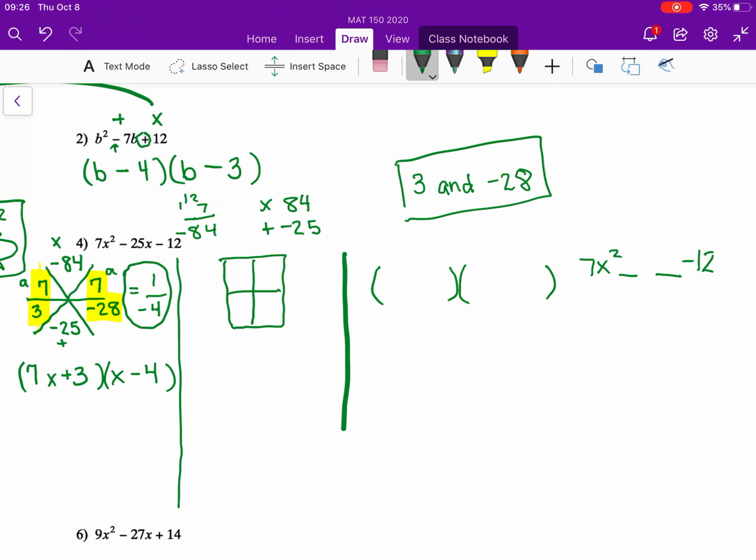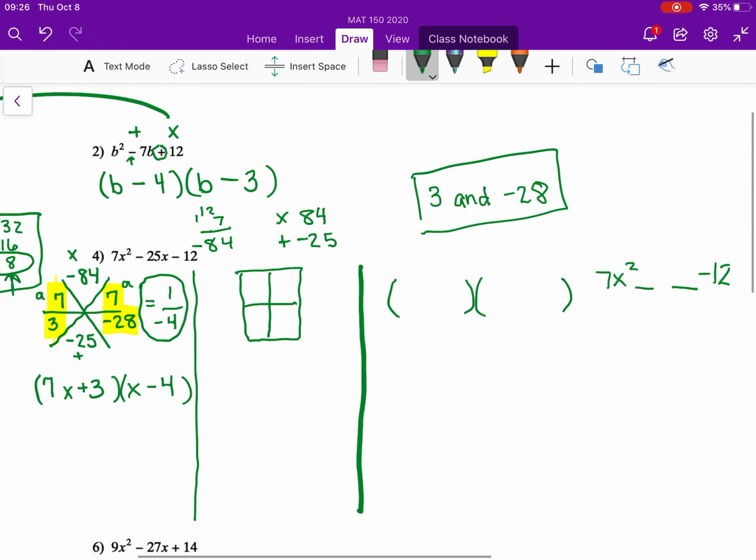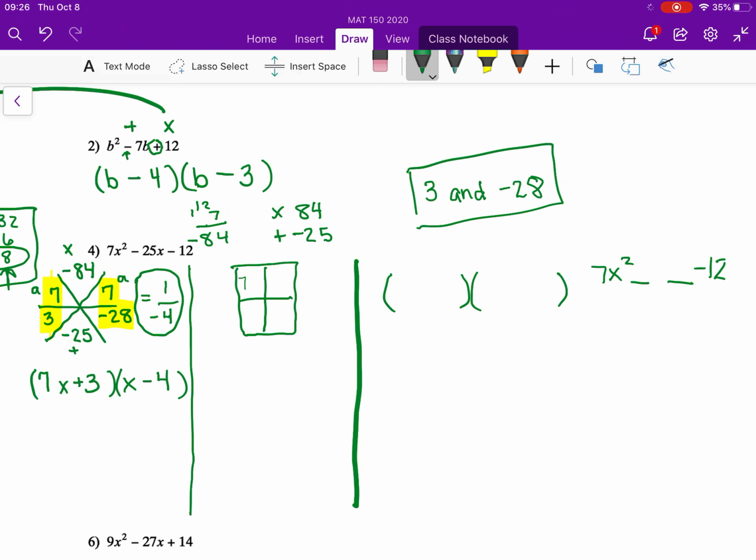Box method is very similar. So box method, you still have to know these two things, but there's not a cool place for it to go. Box method, you also put the first term in the square, so in this case 7x squared, and you put the last term in the last square.